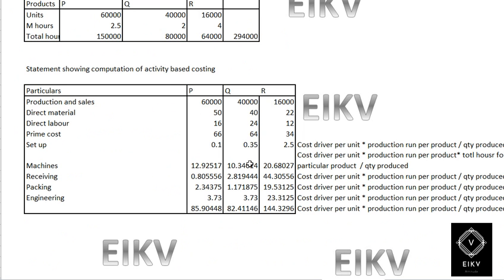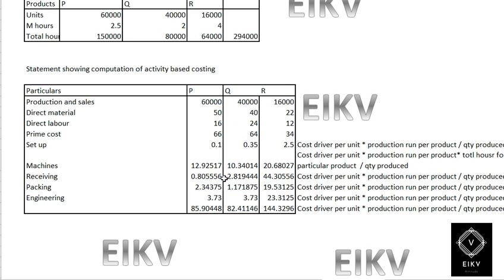In the same way, 5.17 multiplied by 80,000 divided by 40,000, and 5.17 multiplied by 64,000 divided by 16,000 will give an amount of 20.68.